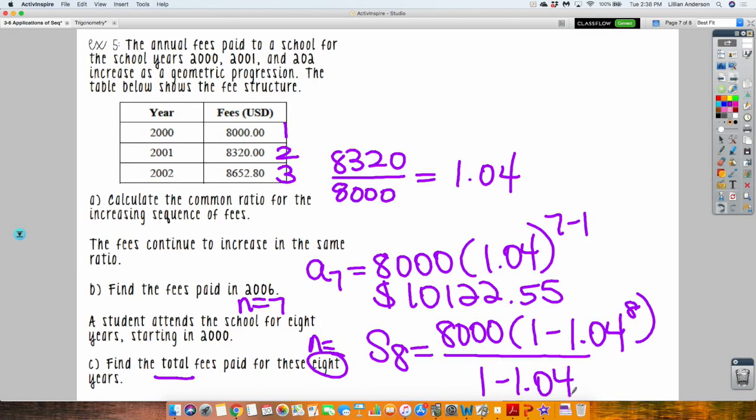So I'm finding the sum of the 8 years, starting with my first year of 8,000, times 1 minus my ratio to the 8th power, all over 1 minus my ratio. It should be a large number because I'm adding $8,000, 8,320, 8,652.80. I'm adding up a lot of terms. What is my sum?